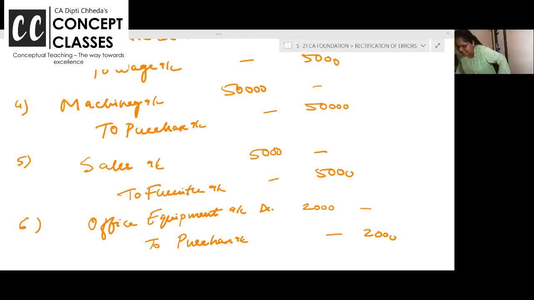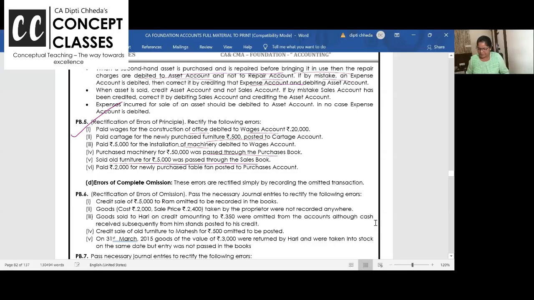Machinery should be debited, not debited, now debit. Wages or purchases wrongly debit, credited. That's called as error of principle or compensating error. Okay? Chalo, let us go to the next one.